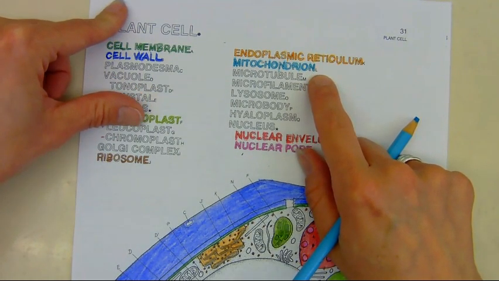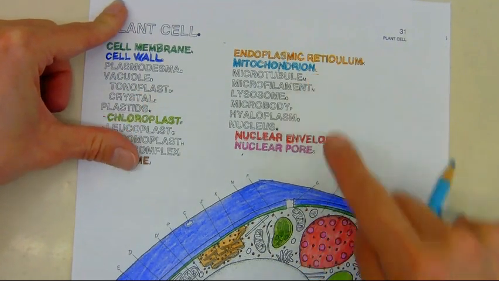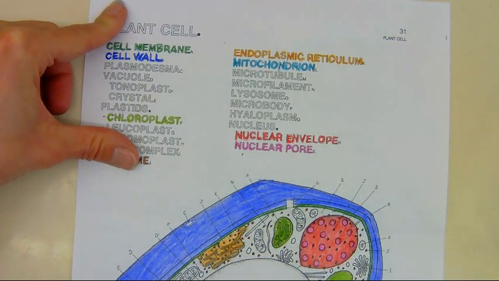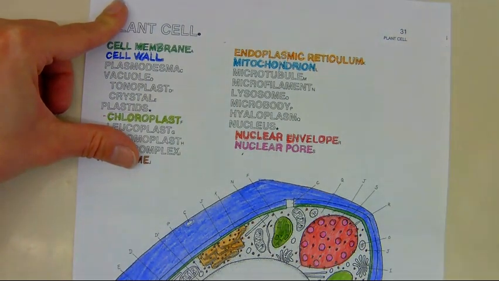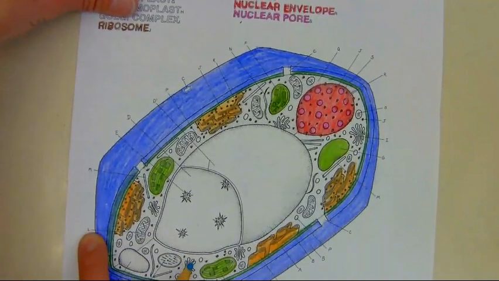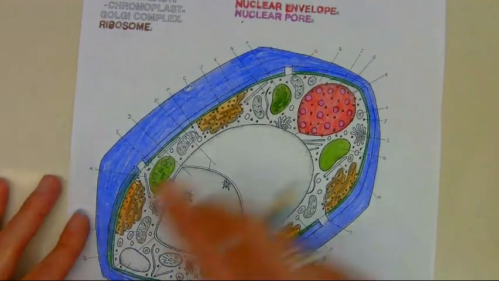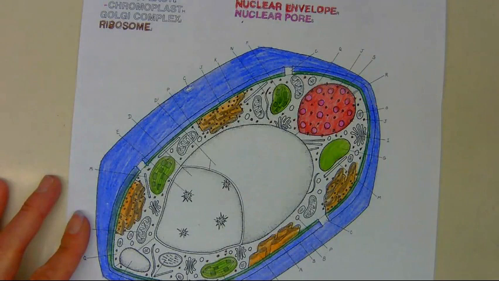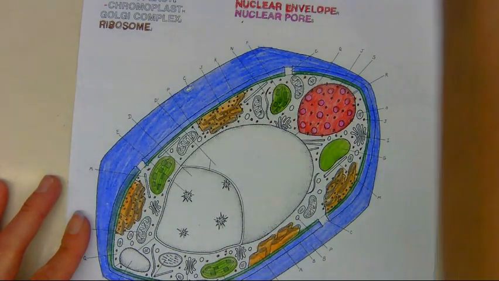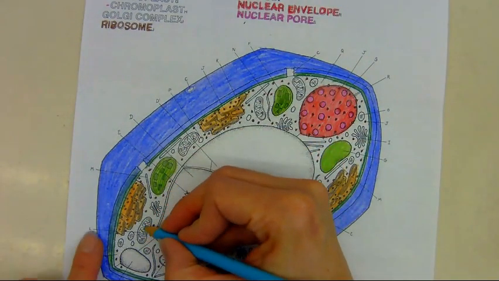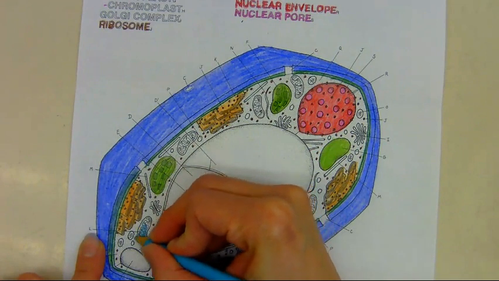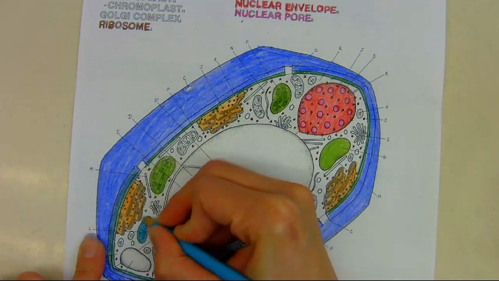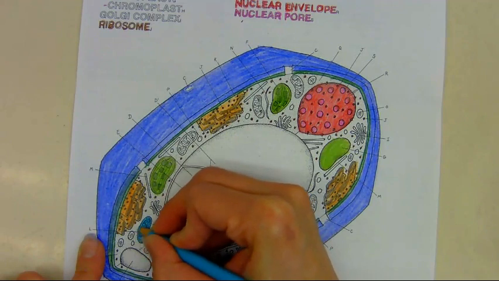Mitochondrion is letter L. So I'm going to look for the letters. Here's a letter L. Oh, that's off the screen down there, letter L. I didn't realize that it was off. Okay, and so then L is pointing to this structure here that looks like a mitochondria.